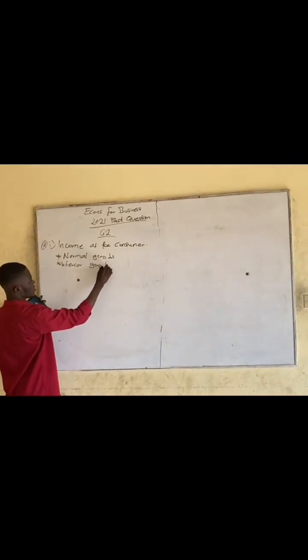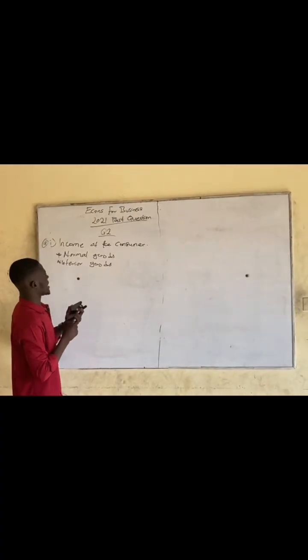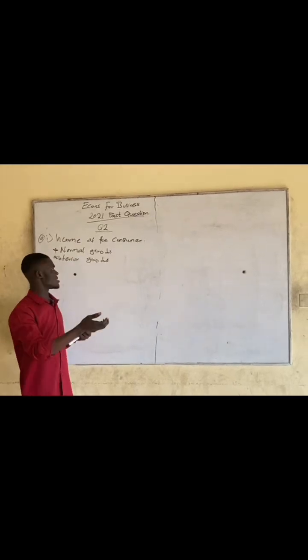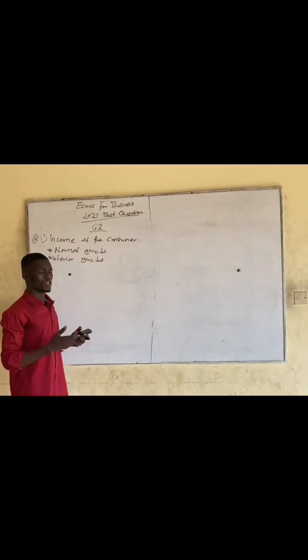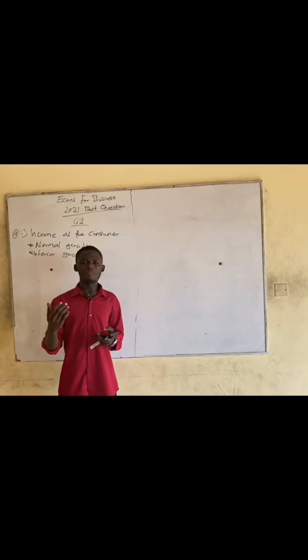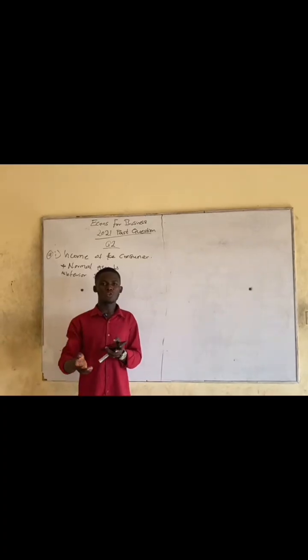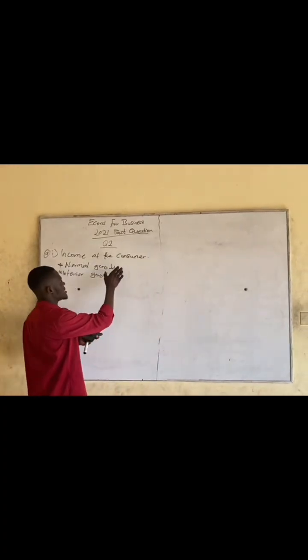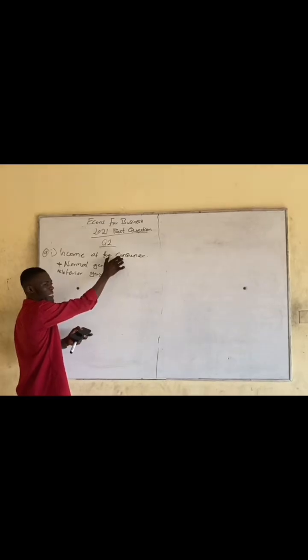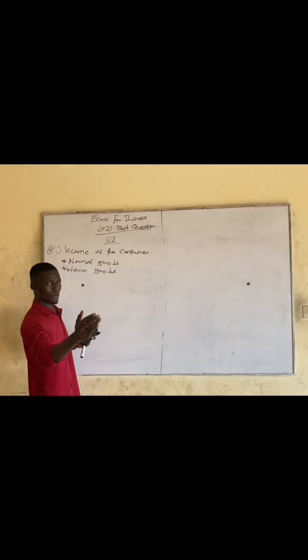Inferior goods. Okay, so here you ask yourself, when consumer income increases, what happens to normal goods? For the explanation of normal goods, the demand for normal goods increases when consumer income also increases, which means the demand curve for normal goods will shift right.